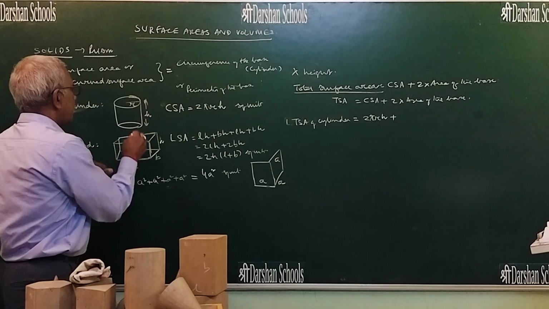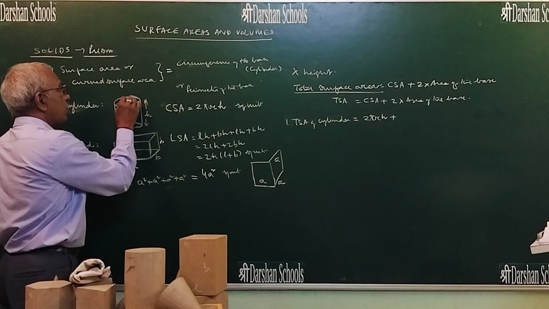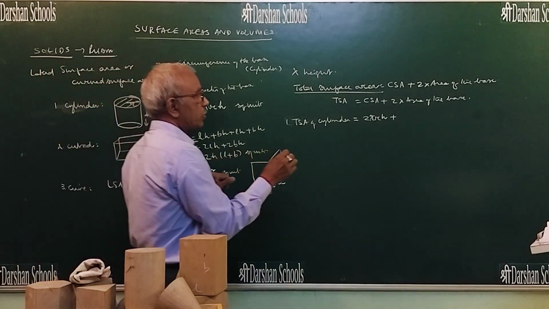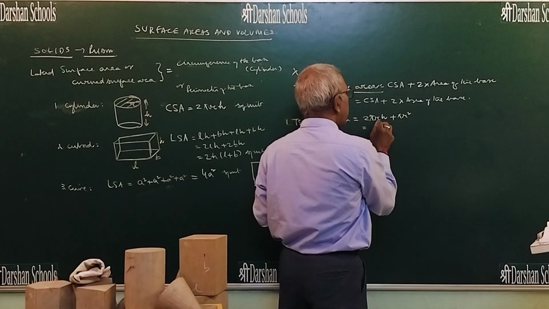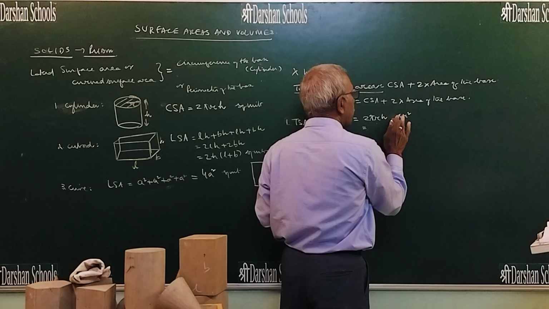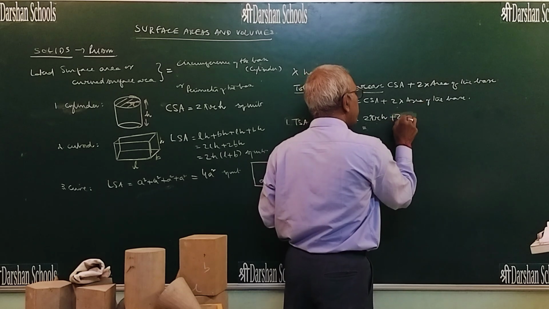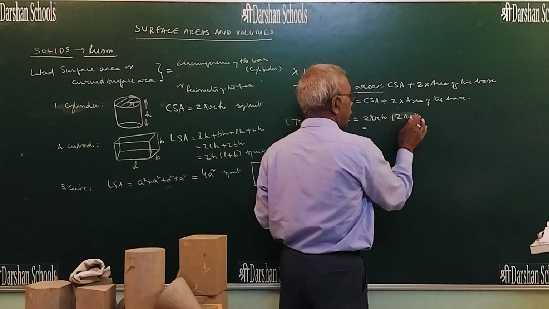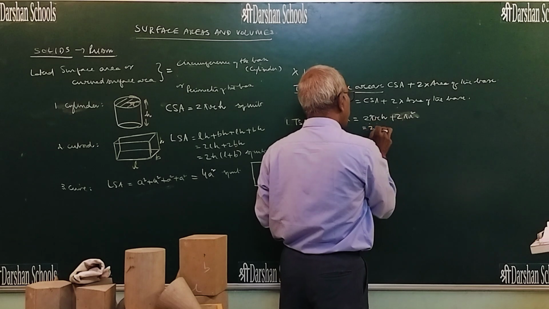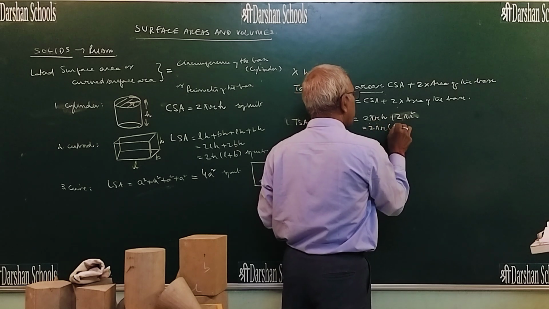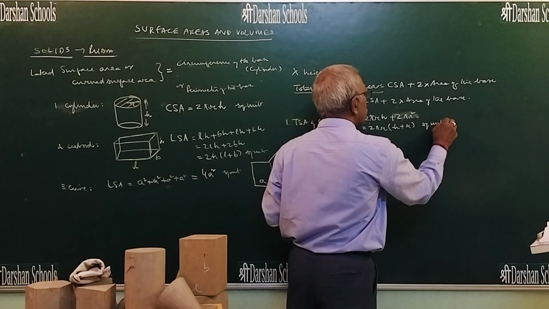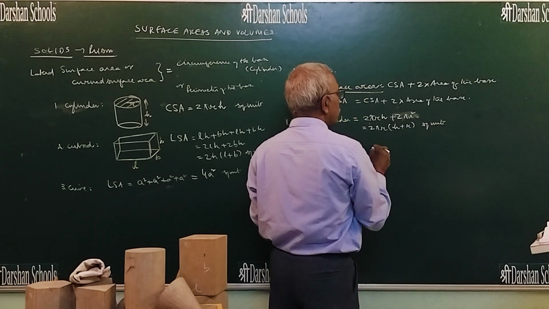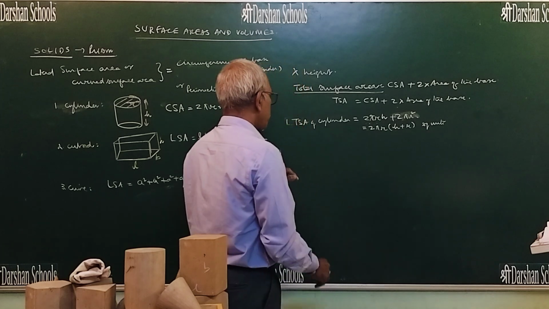Base, it is pi, radius is r, area will be pi r square. So 2 pi r h plus 2 pi r square, because 2 into area of the base, 2 pi r square. So if 2 pi r is taken as common, h plus r, square units. 2 pi r into h plus r.